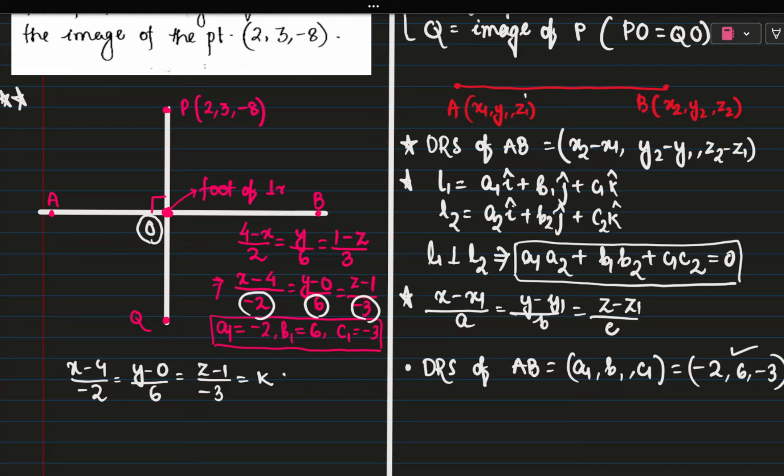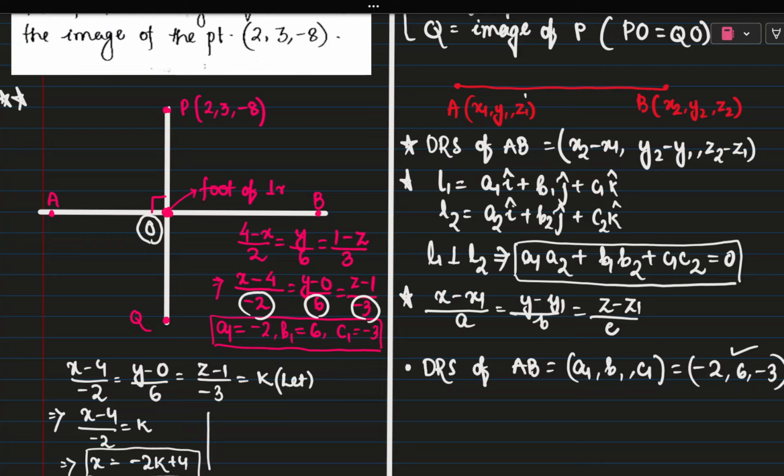Let it be k. Now, (x minus 4) by minus 2 equal to k, so x is minus 2k plus 4.